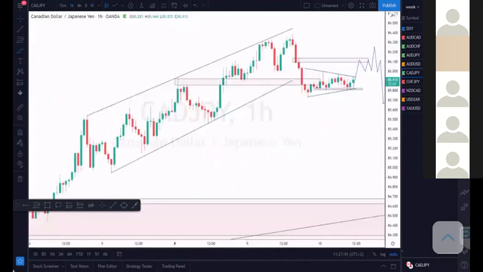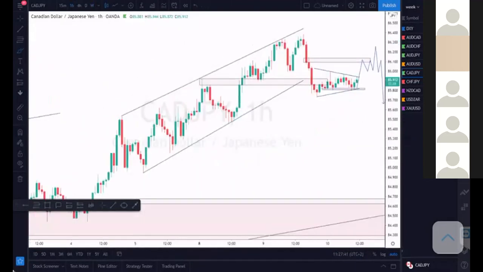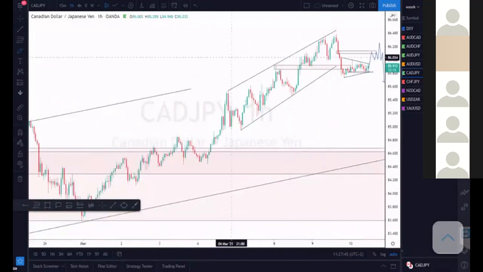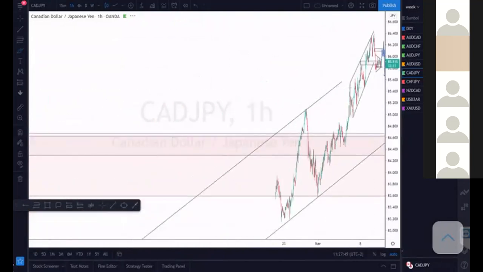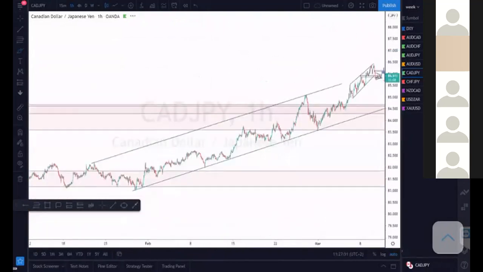Yes, we are making that move to the upside, but look at how we are making the move to the upside. We've been correcting on the smaller channel that we see there, and that smaller channel is also, I think, a third touch of a larger ascending structure.